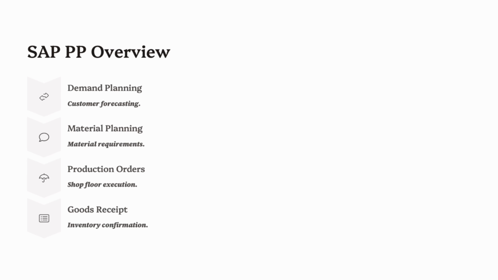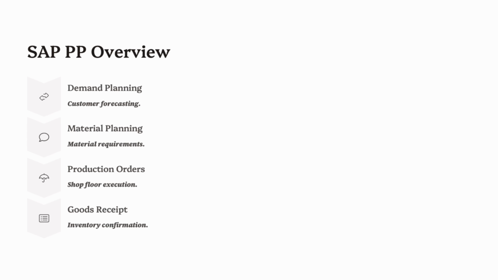Some of the core functions within SAP PP include Material Requirements Planning, MRP, which ensures raw materials are available when needed. Bill of Materials, BOM, defines which components make up a finished product. Routing maps the sequence of operations required to produce a material.